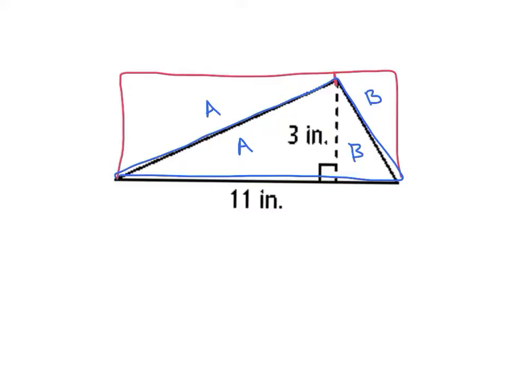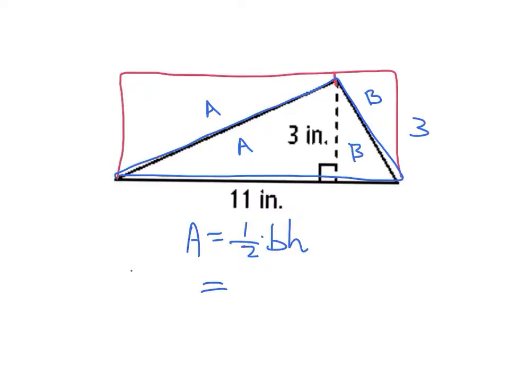So the area of a triangle is simply 1/2 the area of the rectangle. The whole rectangle would be 11 by 3. So the triangle is going to be, its area is 1/2 of the rectangle, the base times the height.